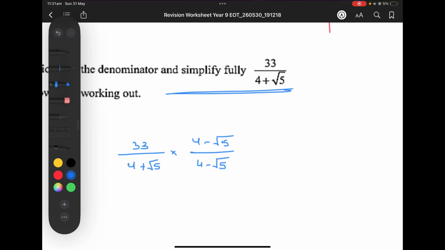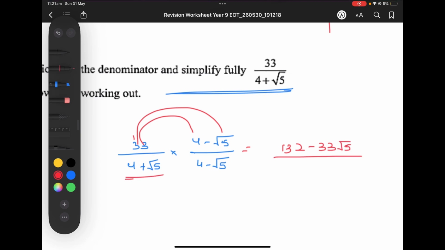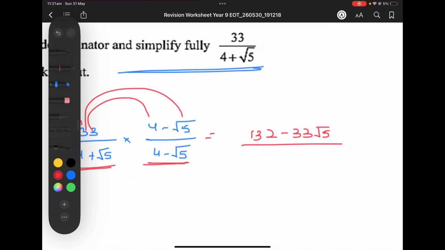So here, simple multiplication. 33 multiplies with each term in here. So 33 times 4 is 132, minus 33 root 5, over we have 4 plus root 5 times 4 minus root 5. That is in the form of a square minus b square.